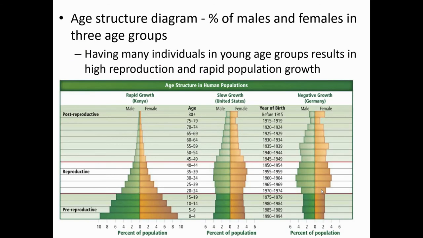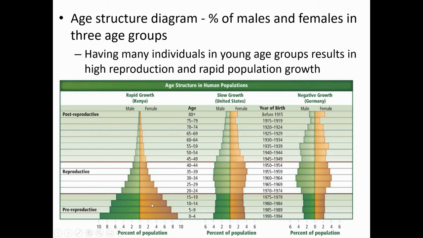Here are some age structure diagrams, which again, I know you guys have talked about in other classes. We can see we have these rapid growth countries, where the base of the pyramid is super wide and the top is really skinny. Then we have other countries with slow growth, where they're not contributing a lot, because enough are dying off that it's roughly a one-to-one replacement.